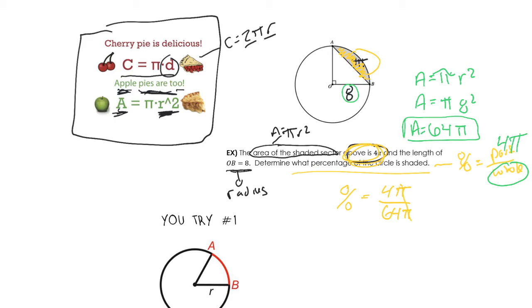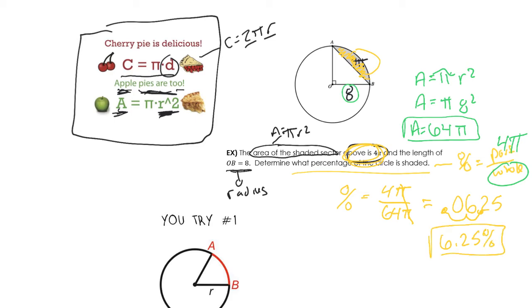So when I do this, the pi's cancel off. Pi divided by pi would just cancel. That'd be 1. So 4 divided by 64, in my calculator here, is 0.0625. But to make it a percent, we just move the decimal 2 to the right. So it's 6.25%.